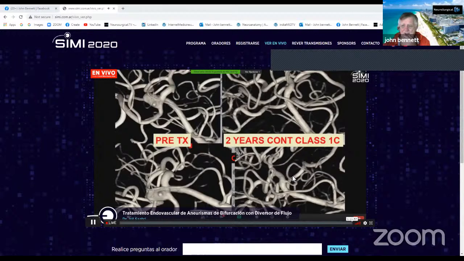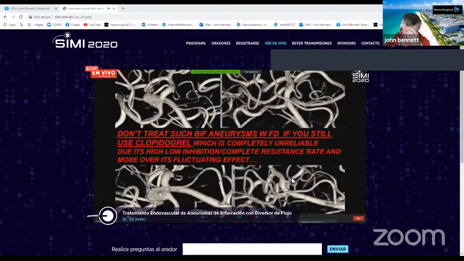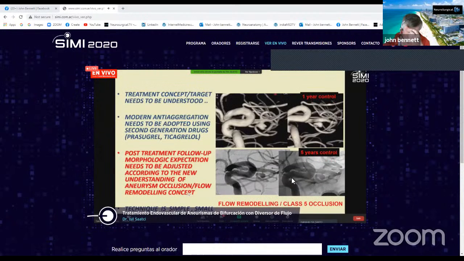The other issue is post-treatment follow-up. Morphology expectation needs to be adjusted according to the new understanding of the aneurysm occlusion or flow remodeling concept. For example, this MCA aneurysm where the flow diverter was placed, we do not call this a failure or remnant because it stays same.